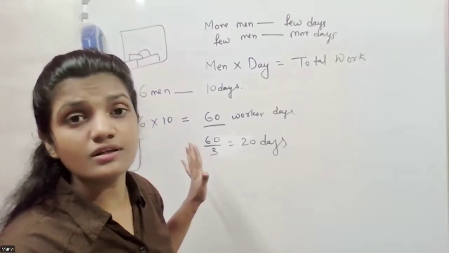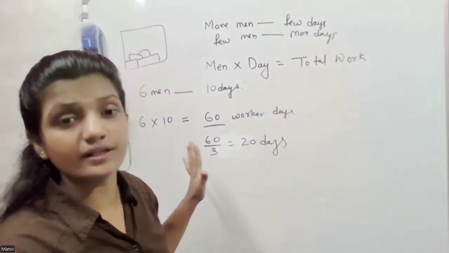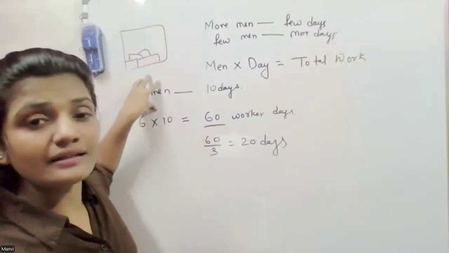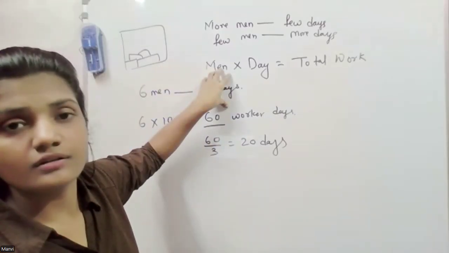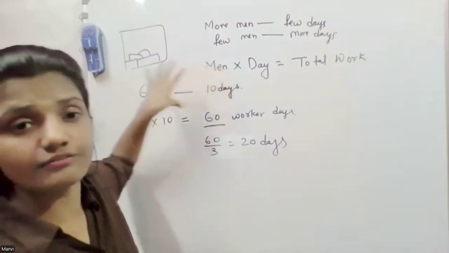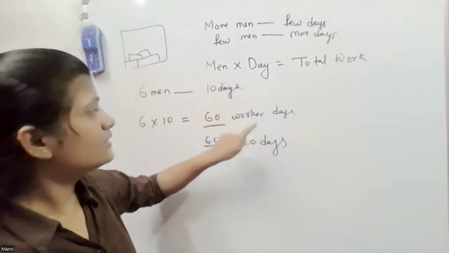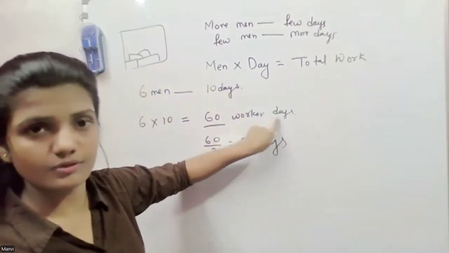How do we calculate the worker days? Total number of men times the total number of days that this number of people requires. Multiply this with that so that we get the worker days.